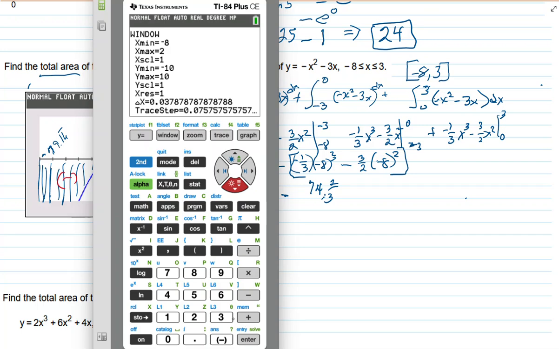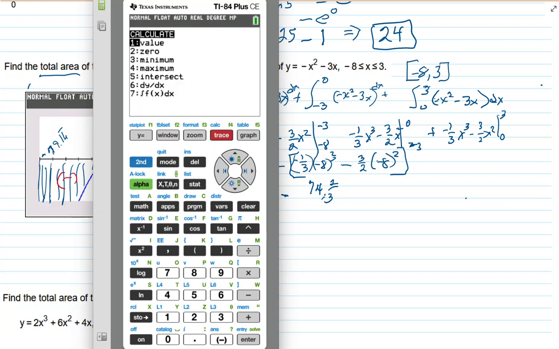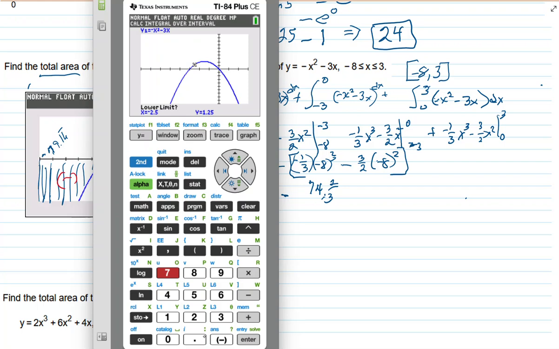That's why it wouldn't work. Okay. That's why. I was saying, what is wrong? So second calc, number 7, 0 to 3. And then I get -22.5.